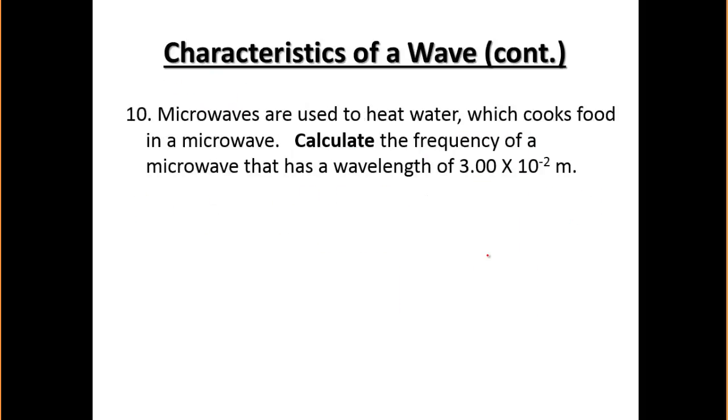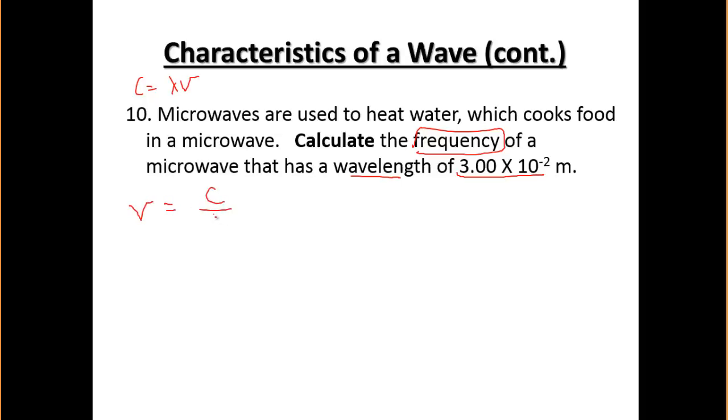And our last problem, microwaves, used to heat water which cooks food in a microwave. Calculate the frequency of a microwave that has a wavelength of 3.0 times 10 to the negative 2 meters. This time we're using our equation C equals lambda times nu, but we're looking to solve for frequency.